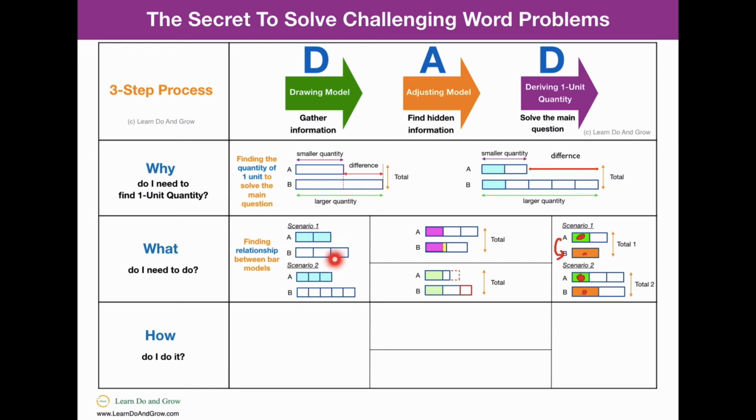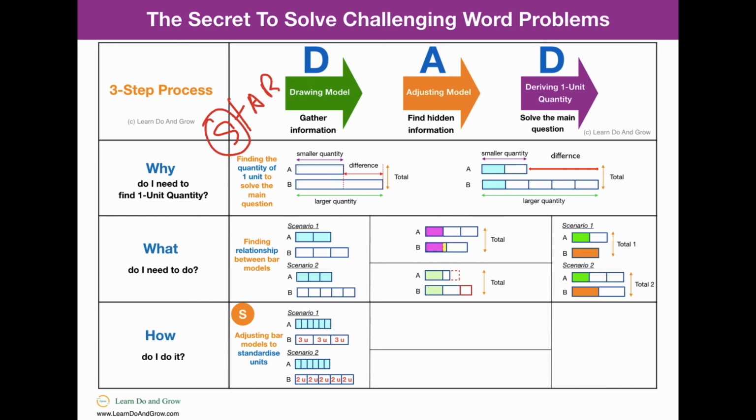For this type, we use S, the standardizing unit. Remember what STAR stands for? S is over here. In this case, what we can observe is the relationship between the bar models over here and over here.